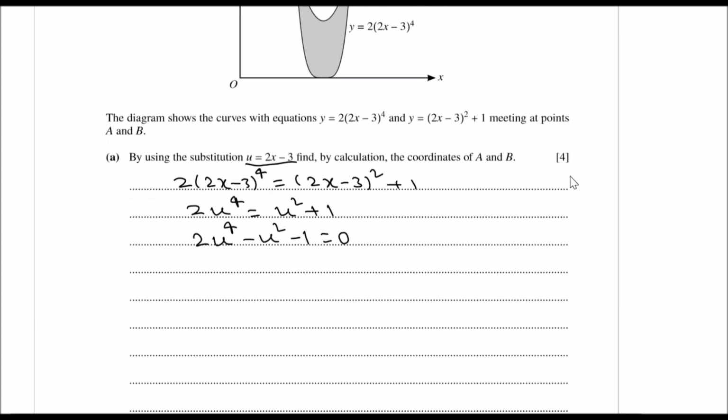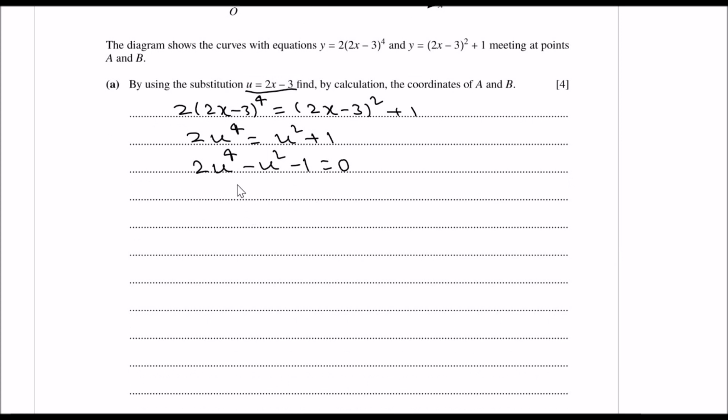Now we need to use another substitution here, because this is power 4, so we need to make it quadratic. Let u square equal to a. Our equation becomes 2a square minus a minus 1 equal to 0.